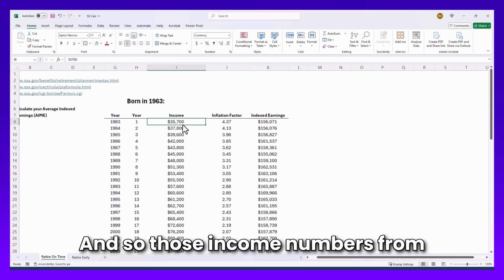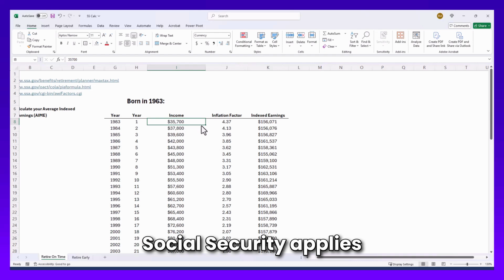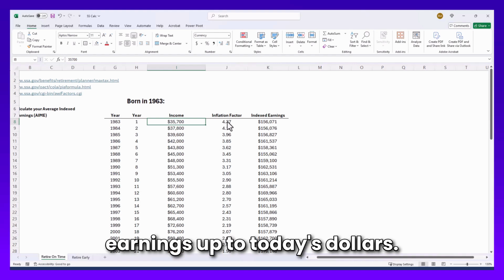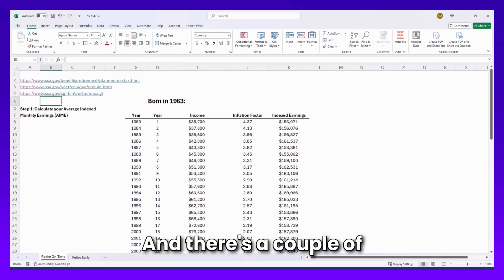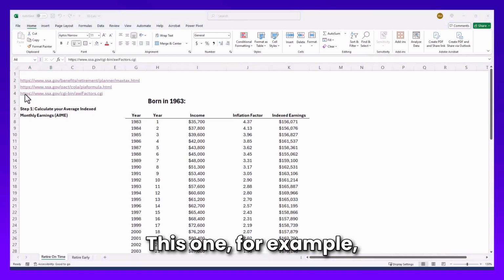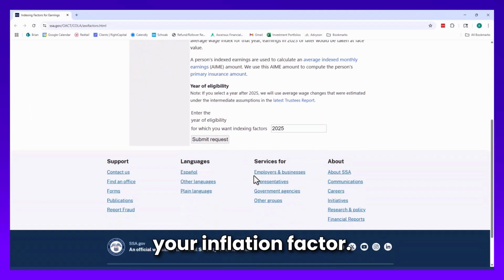So for those income numbers from previous years, 1983 for example, Social Security applies an inflation factor to get those earnings up to today's dollars. You can find that inflation factor here, and there are a couple of links here that may be helpful. This one, for example, will help you determine your inflation factor.